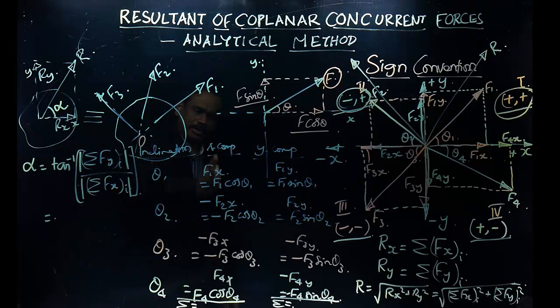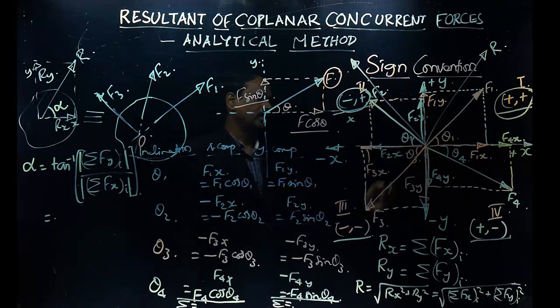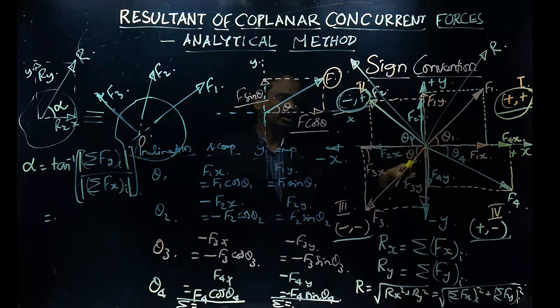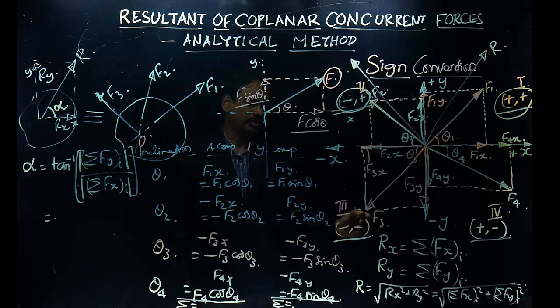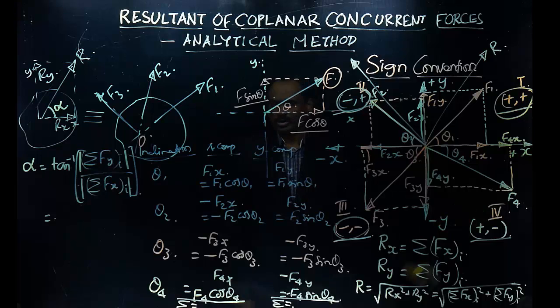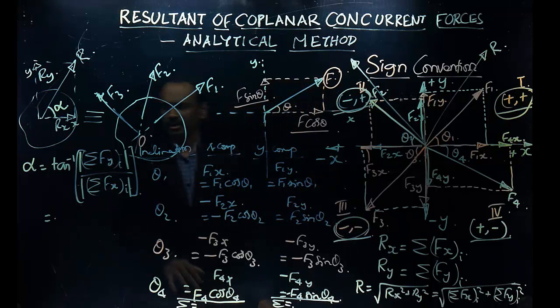Suppose this component total happens to be negative, this also happens to be negative. In that case, the resultant is going to lie in the third quadrant because of this condition. In case the x component is positive and this one happens to be negative, then it will lie in the fourth quadrant.